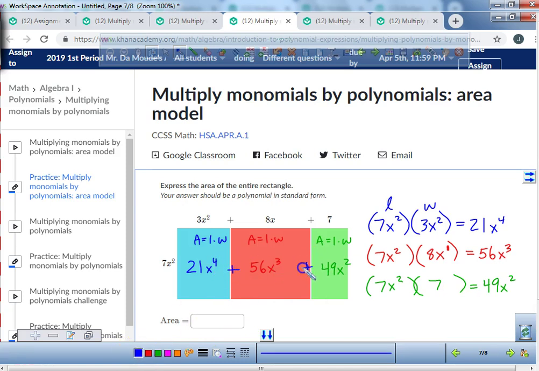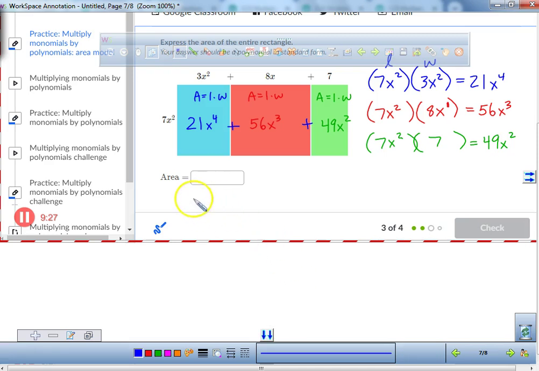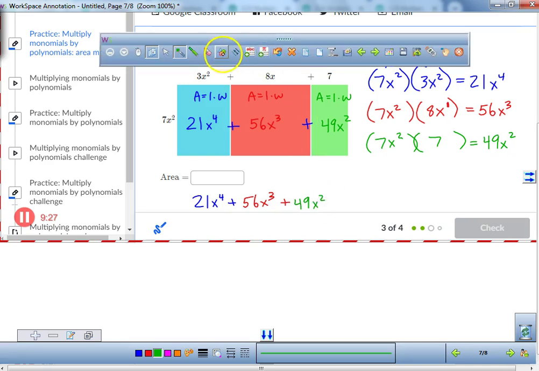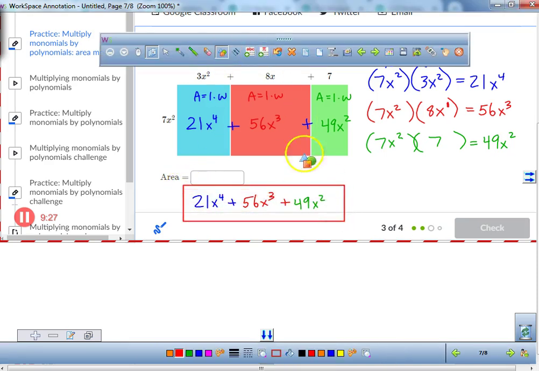I'm going to write down what I'm going to literally type into this area box. What I'm going to type in is this: 21x to the power of 4 plus 56x cubed plus 49x squared. That, right there, is your answer.